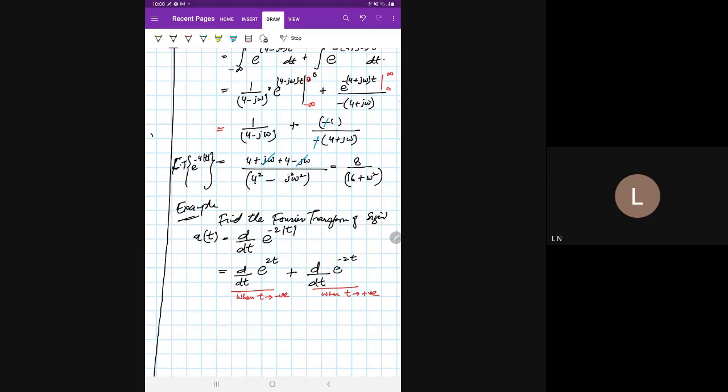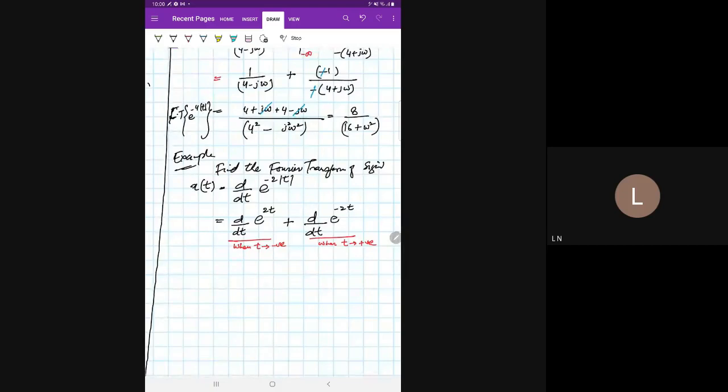Now see, x of j omega, Fourier transform of x of t, it is equal to x of j omega. What is x of j omega equal to? X of j omega is equal to integration minus infinity to plus infinity, then x of t e raised to power minus j omega t dt. This is the general form, okay?